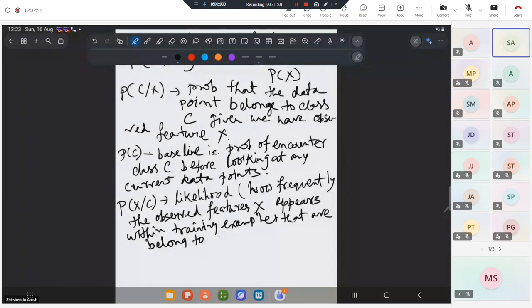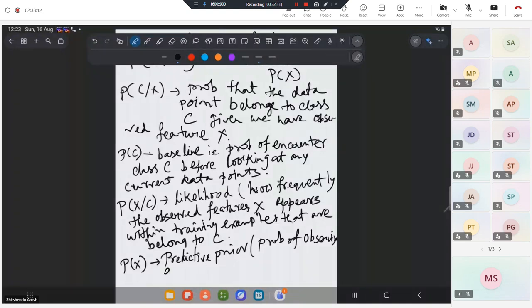So this is basically updations happening here. And finally x, that is called the predictive prior. That is nothing but the probability of observing features across the dataset.